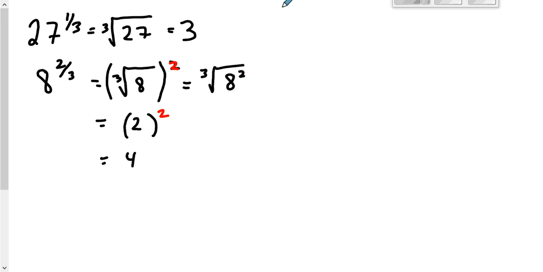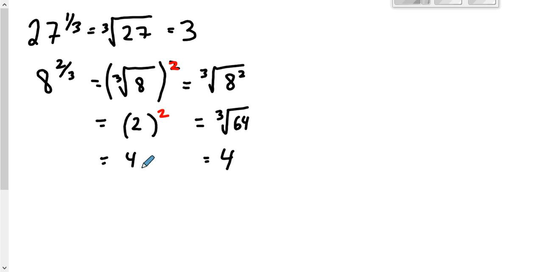If I use this method here, then I would say 8 squared first, which is 64. And then I take the cube root. So now that I have 64, what number do I multiply by itself 3 times for the answer to be 64? Well, that would be 4 times 4 times 4. Both methods are going to give me the same answer.